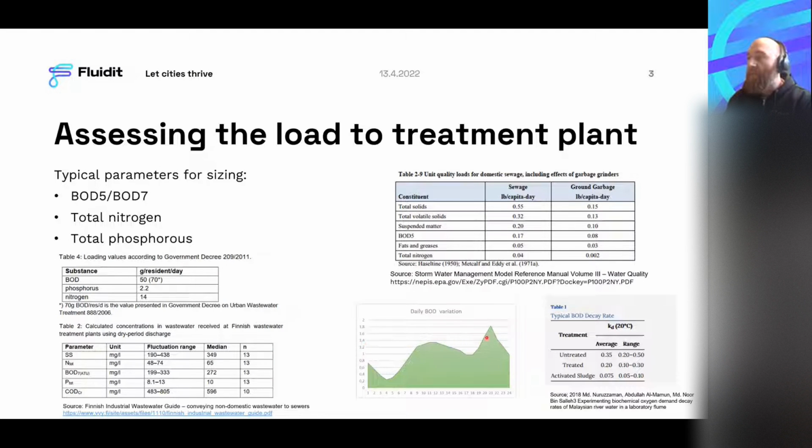For example, the BOD, which I will be simulating, varies throughout the day because the load that the residents give changes throughout their behavior, with the curve something like this, being the lowest during the night and highest during the peak days. The typical BOD decay rate that I will be using in the model is 0.35. So in a day, one third of the BOD will be decayed in the system.